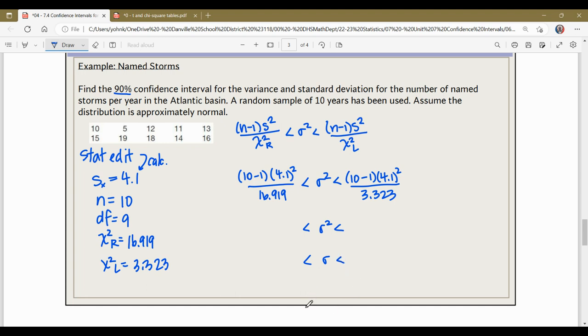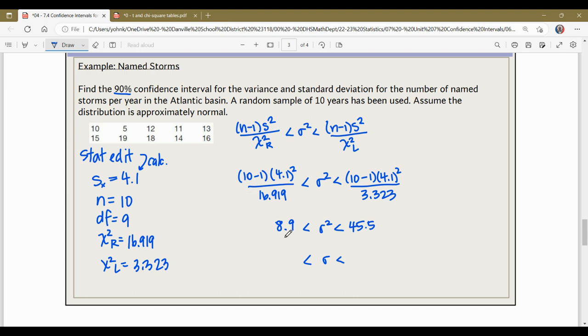All right, so if I plug all of these values into my calculator, I'm going to get 8.9 is less than sigma squared is less than 45.5. The reason why I went to 1 decimal is because the data that I put into my calculator had 0 decimals.